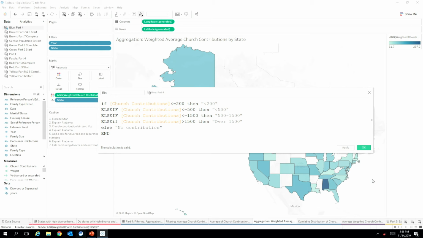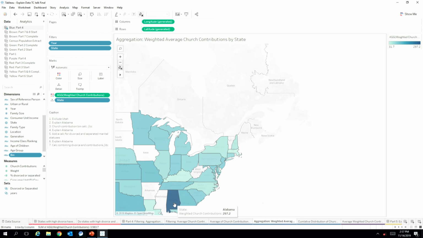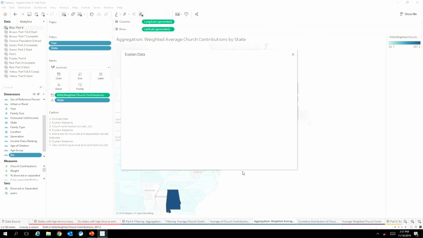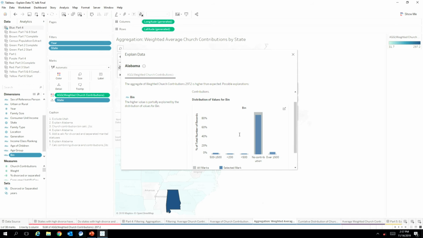And then let's re-explain Alabama. All right, there we go. And let's explain this particular value. And now it has come up as an explanation.